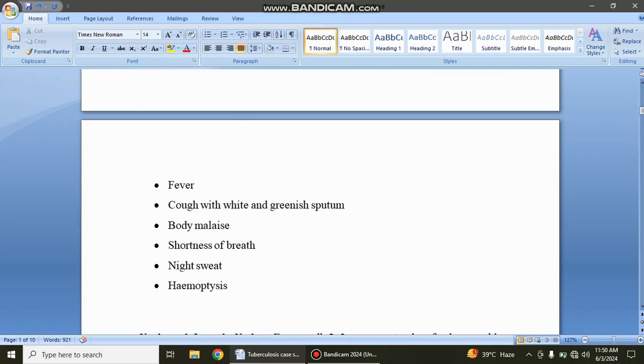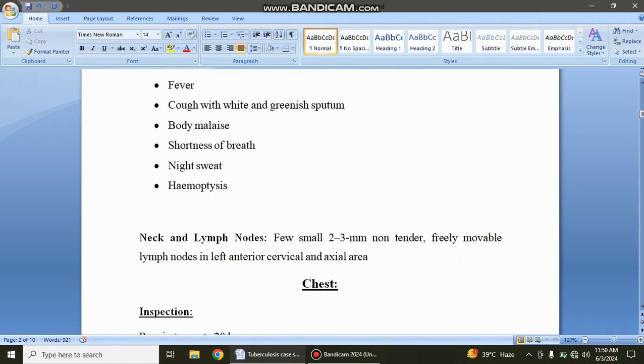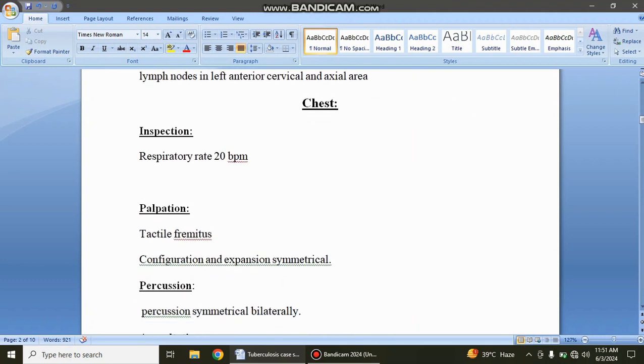Signs and symptoms: fever, cough with white and greenish sputum, body malaise, shortness of breath, night sweat, hemoptysis. Neck and lymph nodes: a few small 2 to 3 millimeter non-tender, freely movable lymph nodes in the left anterior cervical and axillary area. Chest inspection: respiratory rate 20 breaths per minute.